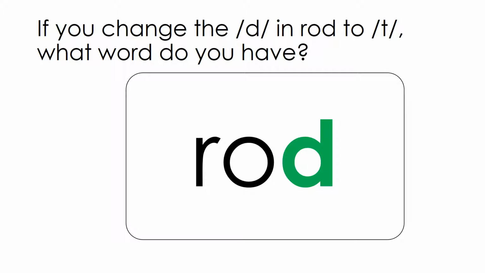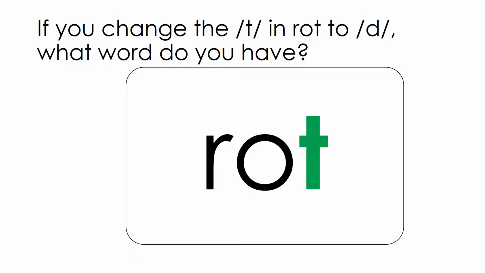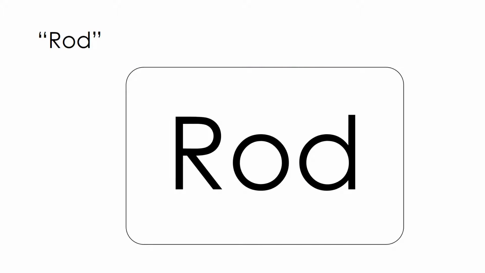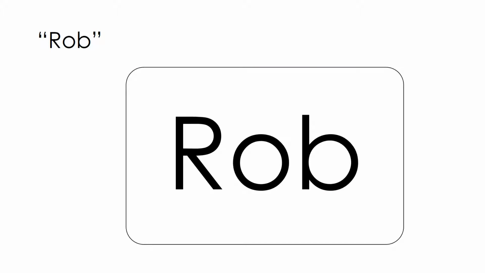If you change the D in rod to T, what word do you have? Rot. If you change the T in rot to D, what word do you have? Rod. If you change the D in rod to B, what word do you have? Rob.